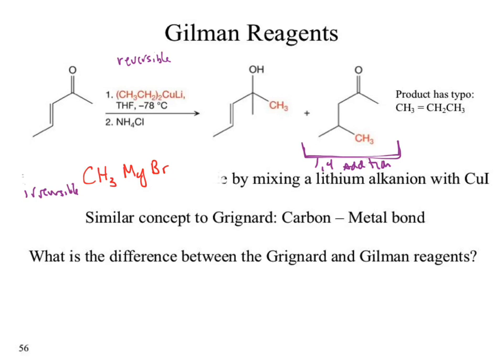Charge, meh. Size: copper's potentially bigger. That could help stabilize the charge better. If it stabilizes the charge, what does it become? Reversible. Okay, that could work. What else? Electronegativity. Where's copper relative to magnesium?